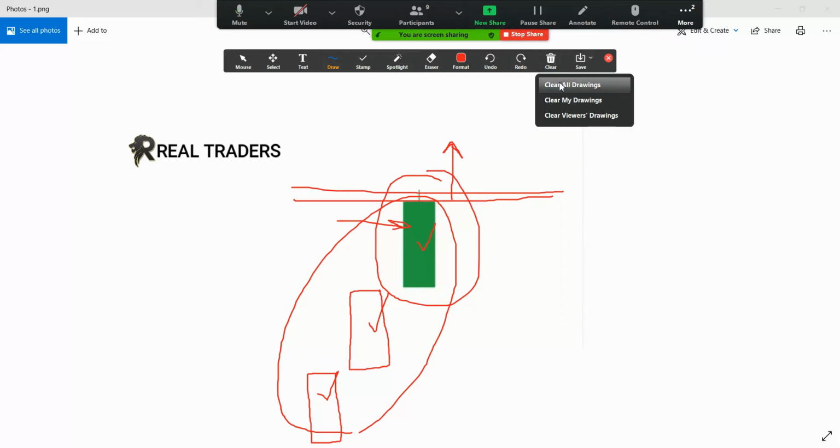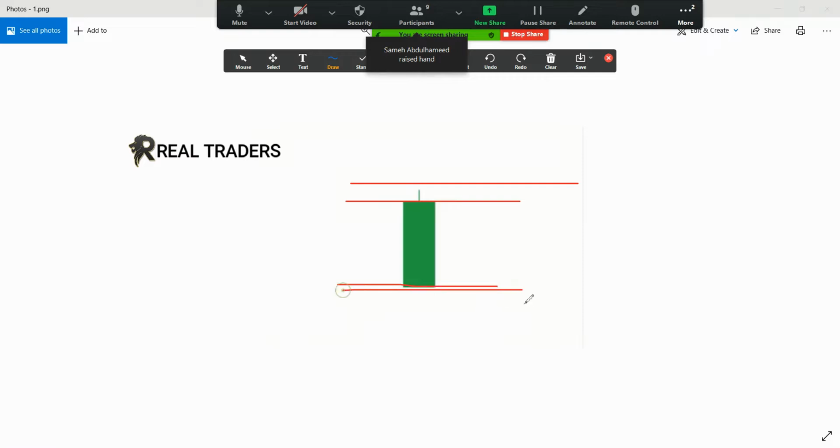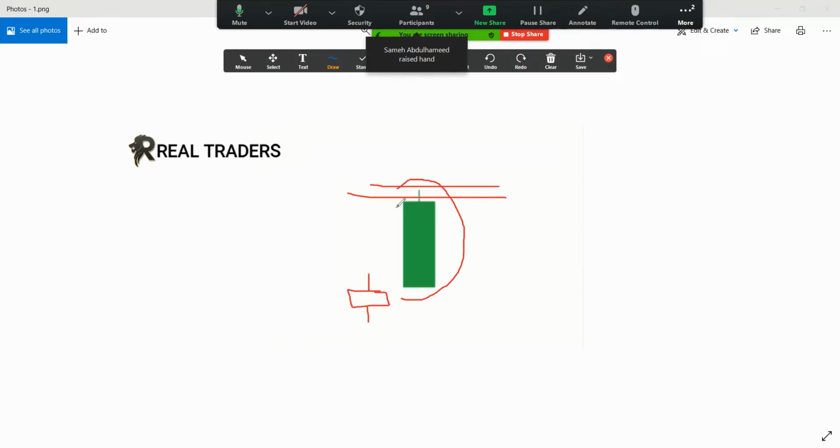So here, if there is a ranging market, we can expect a seller's entry. If here we saw a weak bullish candle, then suddenly a very strong one, we can expect the market to reverse here.